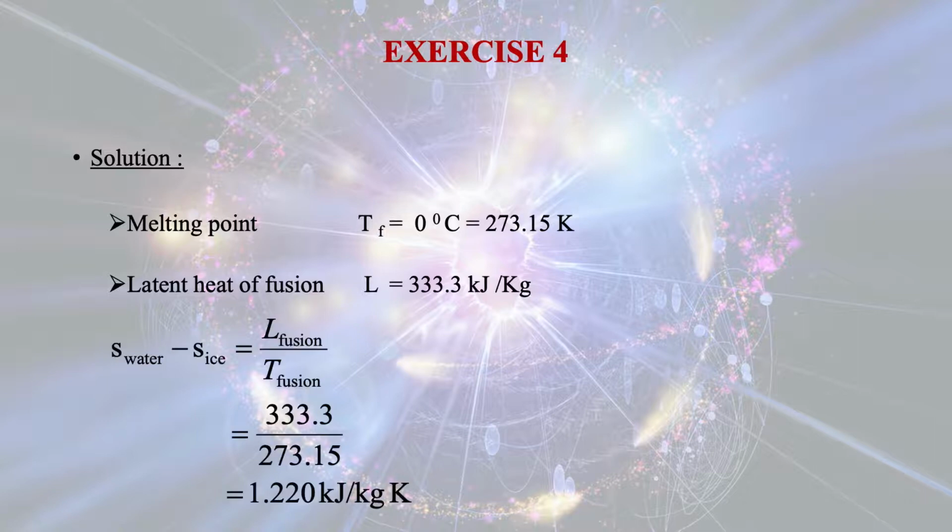So S water minus S ice is equal to L fusion divided by T fusion. So L fusion is 333.3 kilojoule per kg and T fusion is 273.15. Just put the values on the right hand side and calculate the change in entropy, that is 1.220 kilojoule per kg.